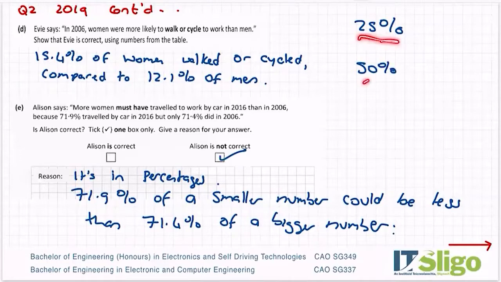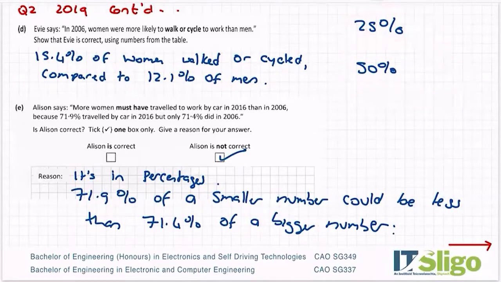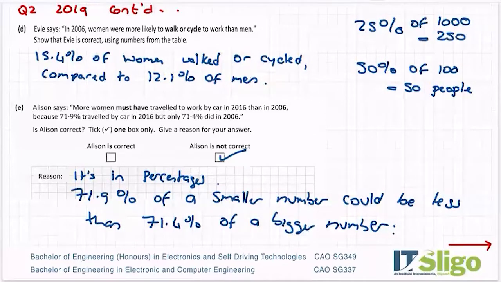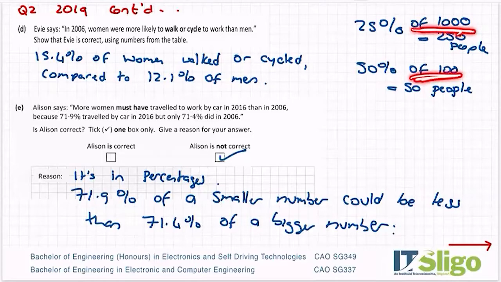I'm just picking these numbers because they're easier. Well, you would say the 50%. But is there more people here than here? Well, maybe not. If I get 50% of 100, then that's 50 people, it's half of them. If I get 25% of 1,000 people, then that's a quarter of them, so it's 250 people. So although the percentage here is bigger, it's got less people, because it all comes down to the percentage of what.